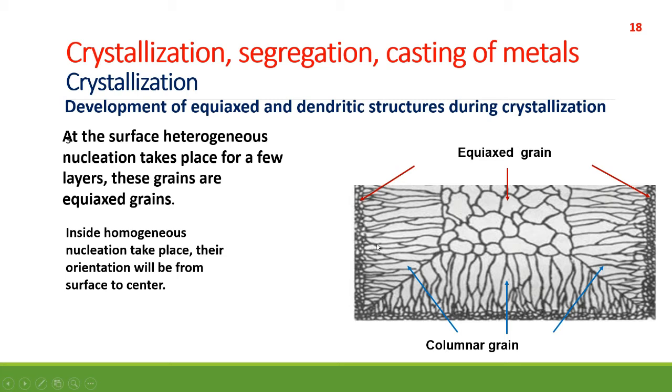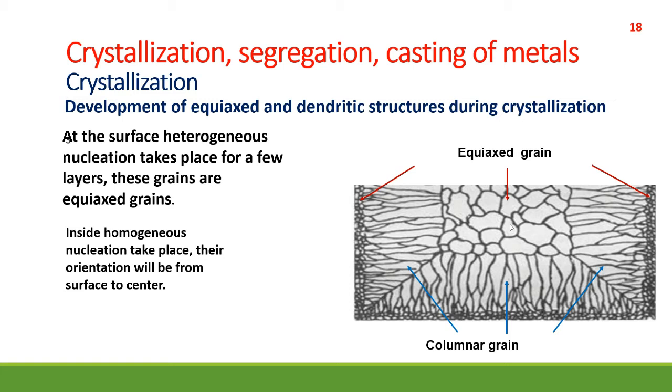And these columnar grains always grow in a direction opposite to the temperature gradient. So here the temperature gradient is from the center to the surface, and the columnar grains are forming from the surface to the center. But there is a problem. After this columnar grain grows to a certain position, these nuclei will resist the growth of the neighboring nuclei, and hence at the center again equiaxed grains will be forming.